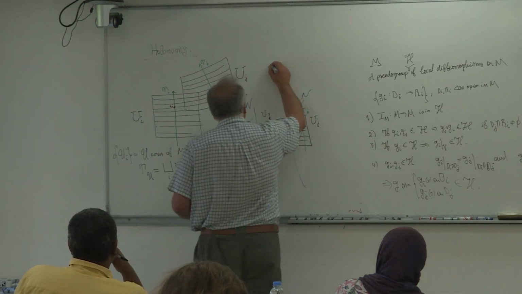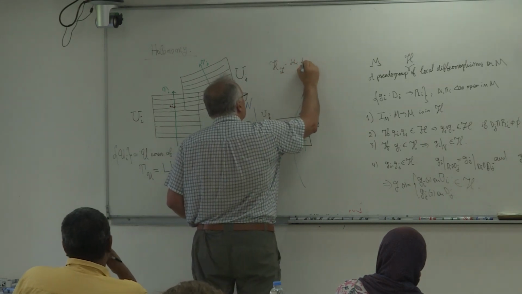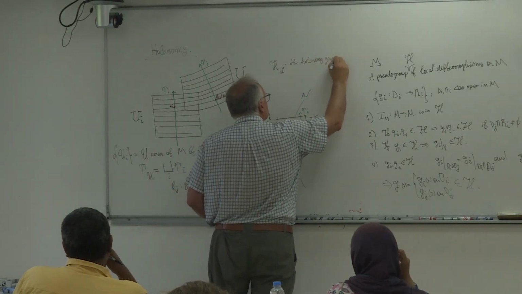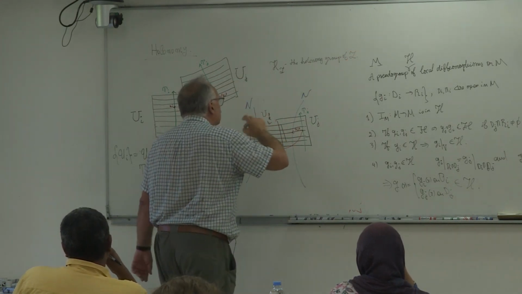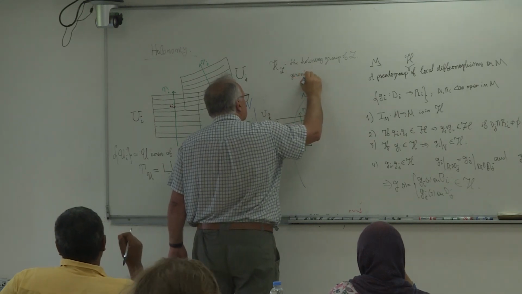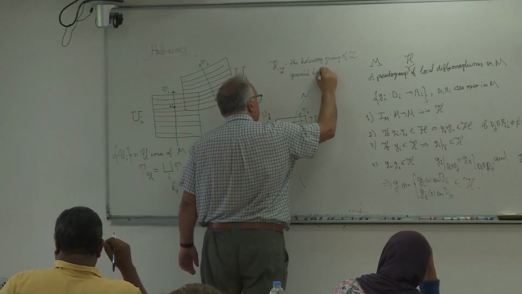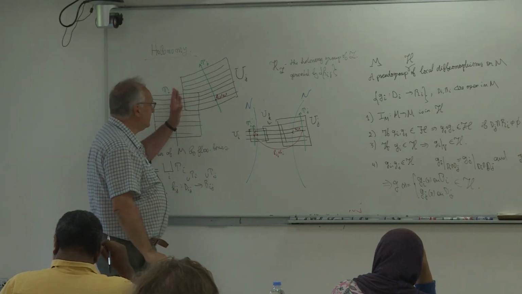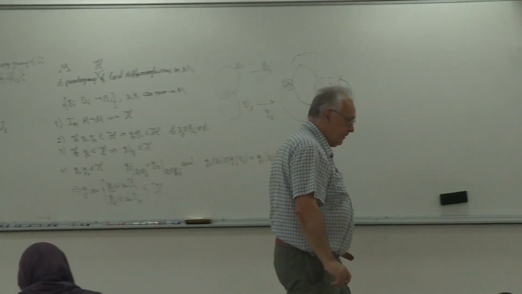So H of L, the holonomy group of L, of the foliation, is the group generated by all hij, taken on intersecting flow boxes.